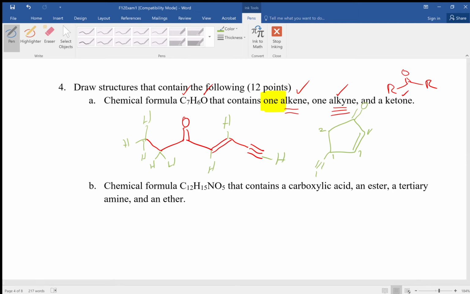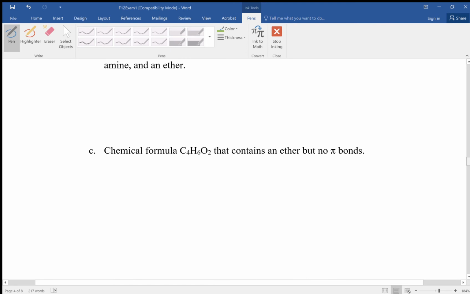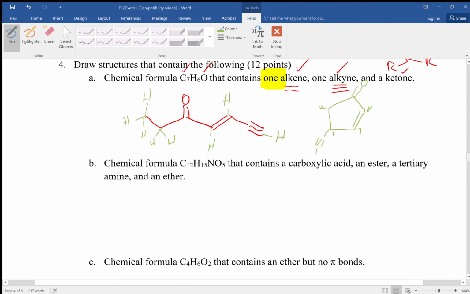All right, we're going to do the same thing in part B. So again, I'm just going to start by drawing each functional group and connecting them.